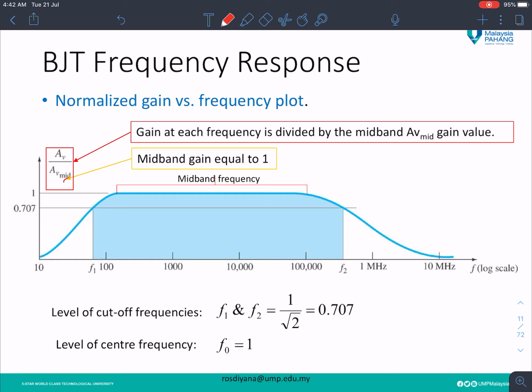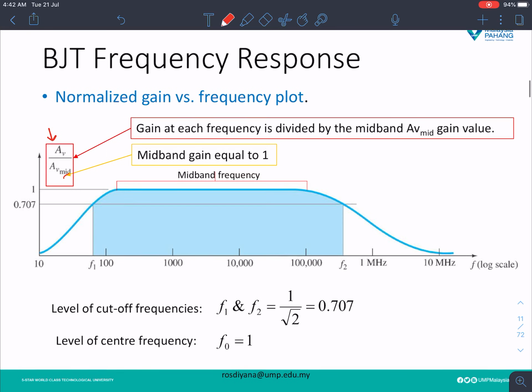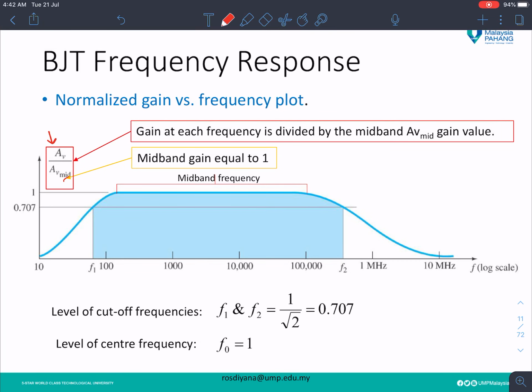For the normalized gain, you see AV divided by AV mid, and the maximum is 1 for the gain.